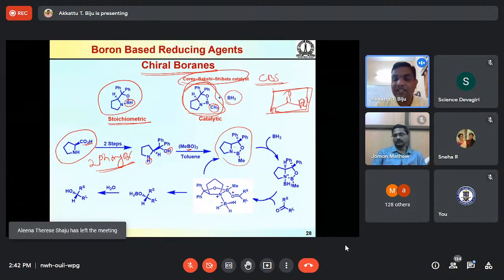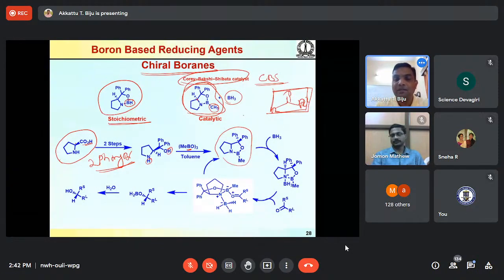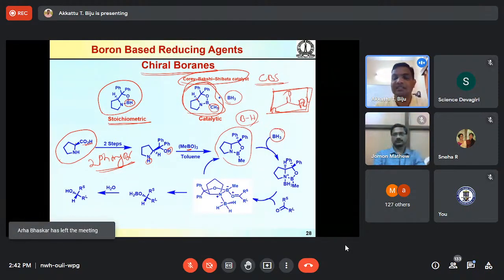And since this catalyst does not have a BH bond, which is responsible for the reduction reaction, one has to use a stoichiometric amount of BH3 in this reaction.